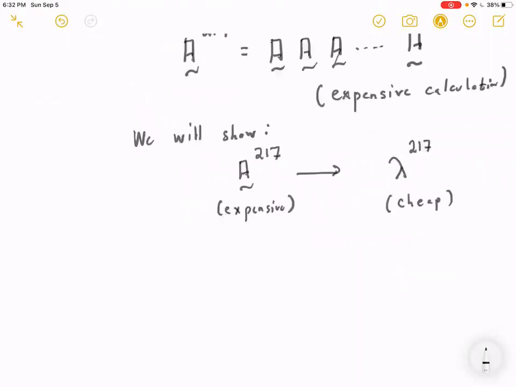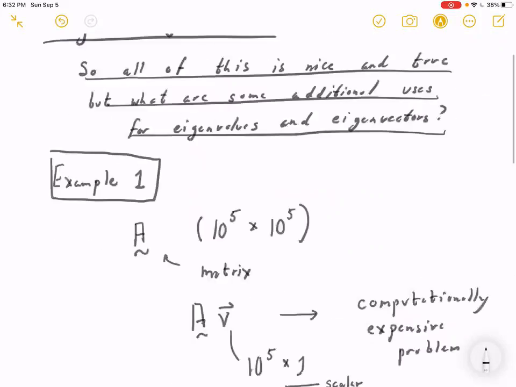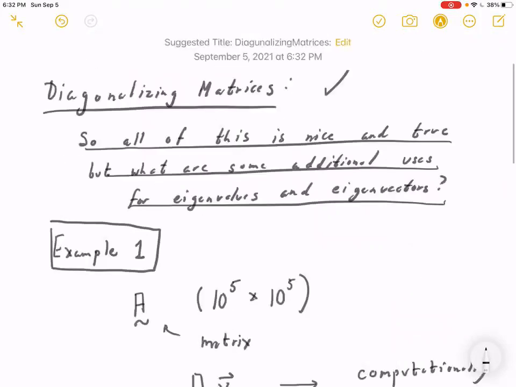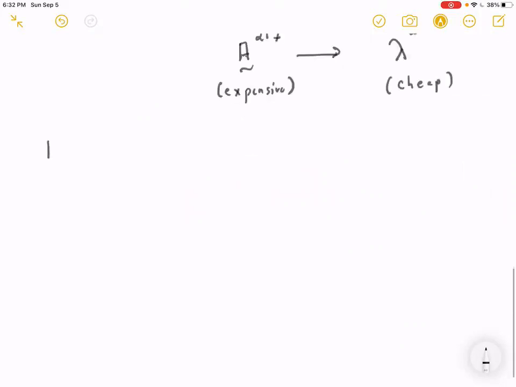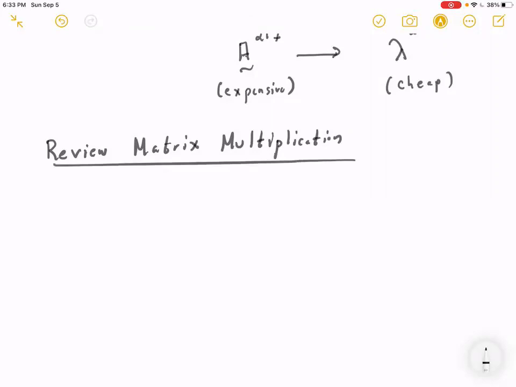Okay, so we need to get to the task at hand now of diagonalizing matrices, what it is and why it's important. So I want to review some matrix multiplication. We've already discussed this in some detail. I just want to refresh our memories.